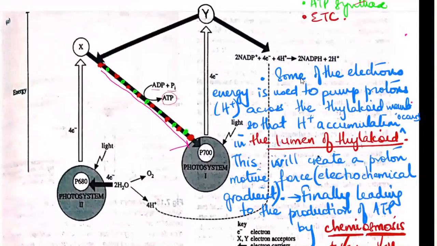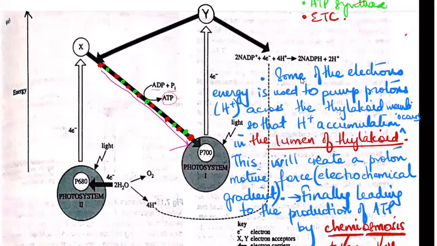This will then create a proton motive force, which will create an electrochemical gradient, which will then lead to the production of ATP by chemiosmosis.